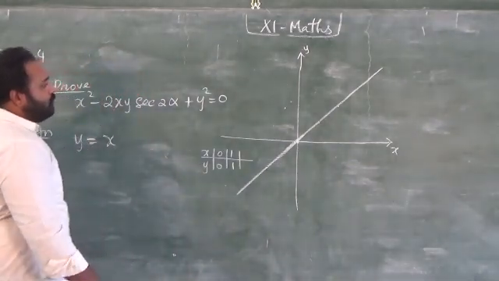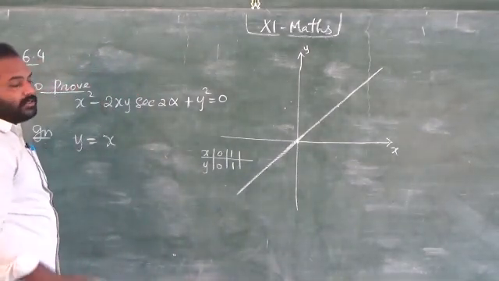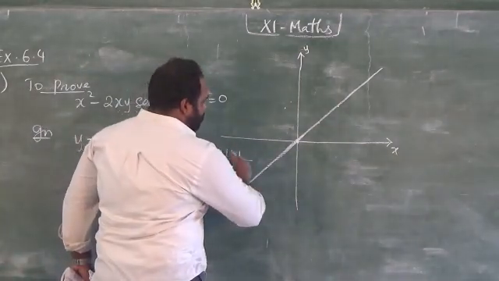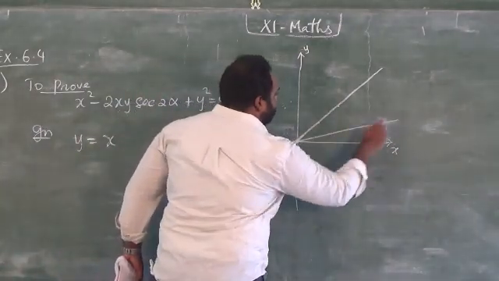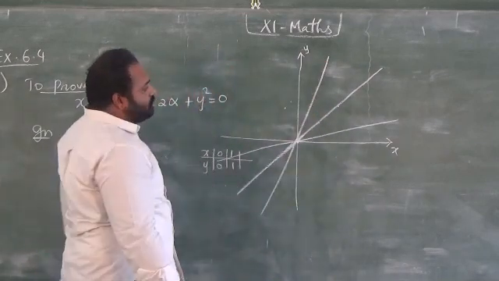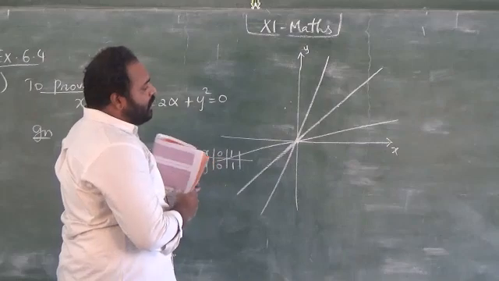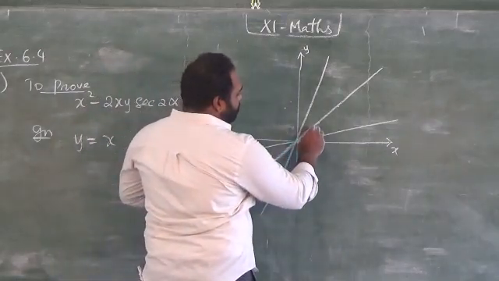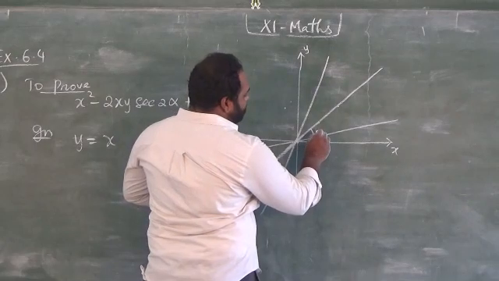Next, I am going to draw another two straight lines here, which are also passing through the origin. So here first I am going to find out this angle.